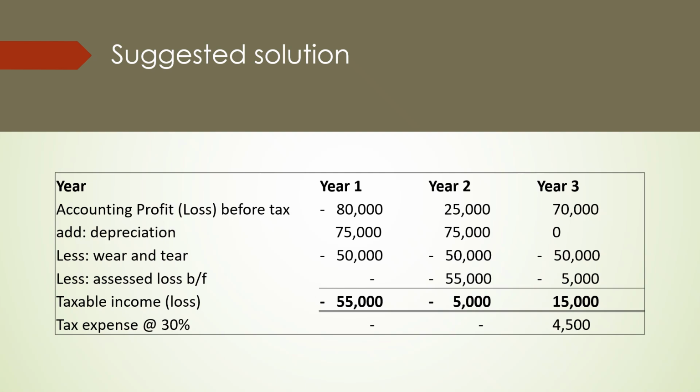And we also deduct the assessed loss that is brought forward of 5,000. This gives us a taxable profit or taxable income of 15,000. The tax expense is 30% of the taxable income, and this amounts to 4,500.